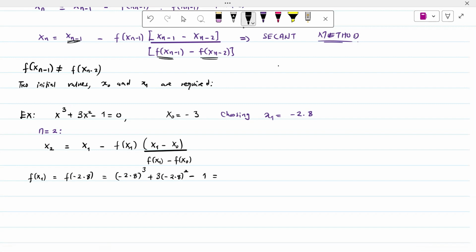We should take not more than 10 seconds punching. 44.472. Are you sure? Is it positive or negative? Negative. Positive. Is that what everyone is getting?